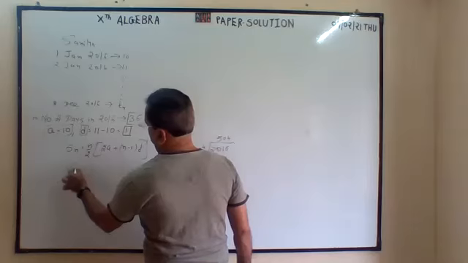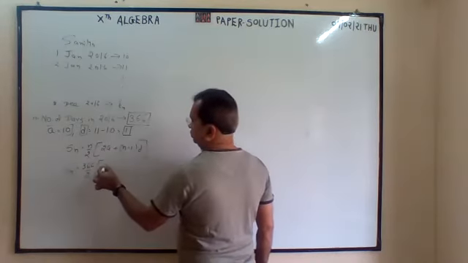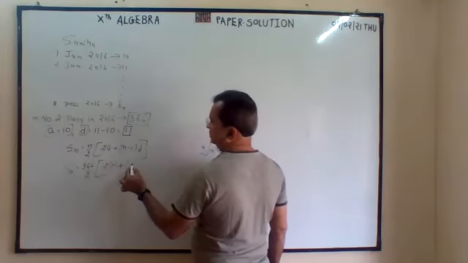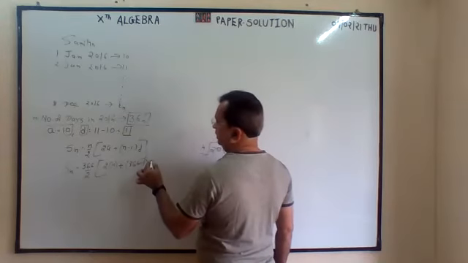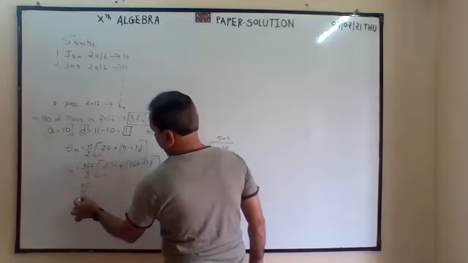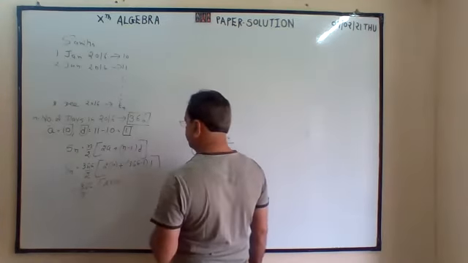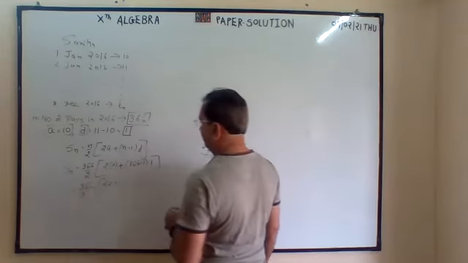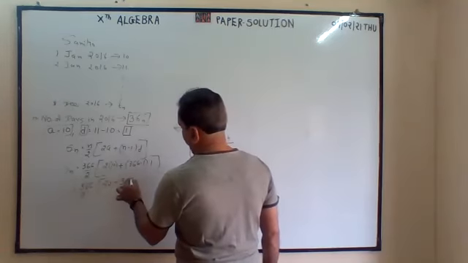So Sn, n is the number of days, 366 by 2, 2 into 10, or you can take 20, no problem, plus 366 minus 1, 365.